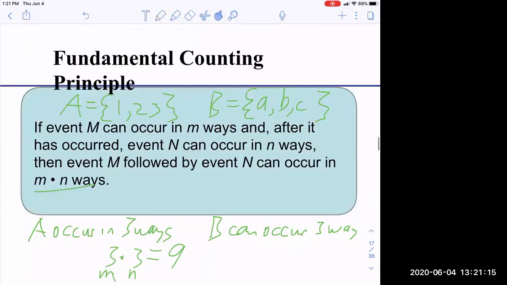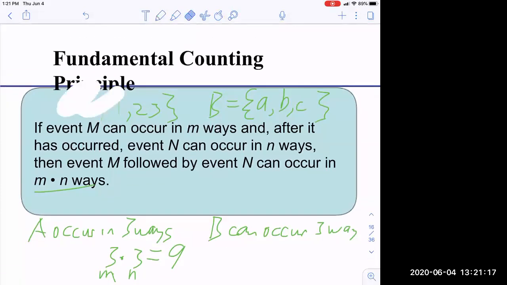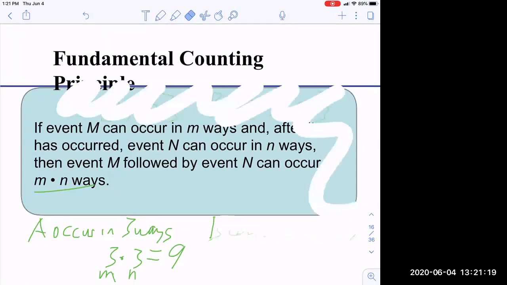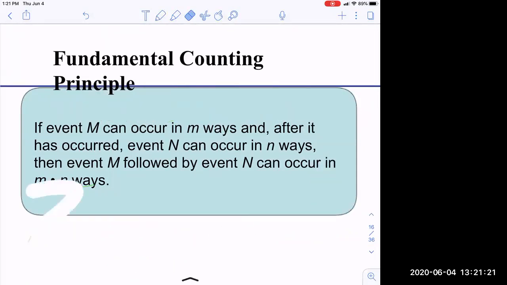Let me do just very quickly one more example of this. Let's do ATM PIN numbers. There's 4 slots for your PIN.